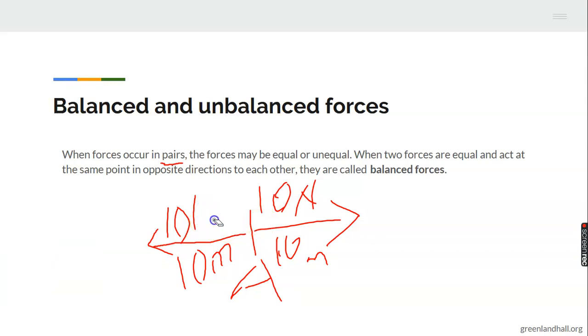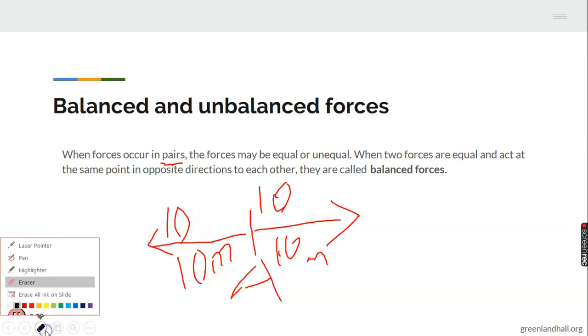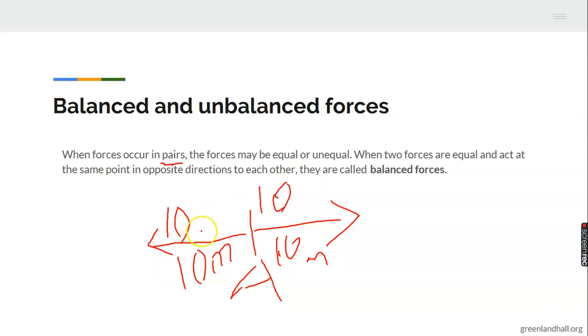So we have to clean this. For instance, the weight acting on each of them is 10. That means they are equal, because at any point in time, g is constant, which is 10 meters per second squared, and they have the same mass.